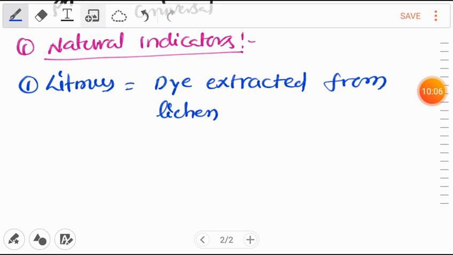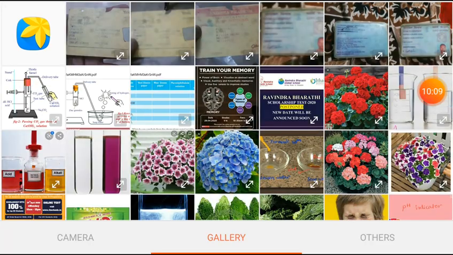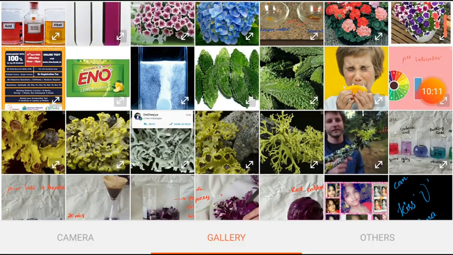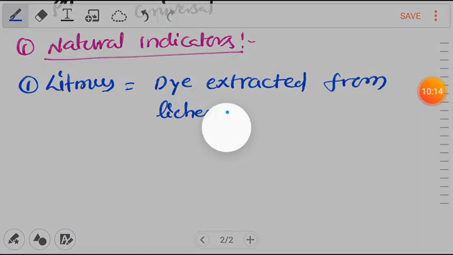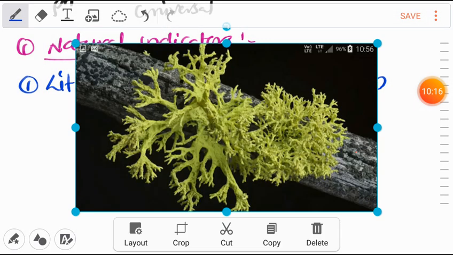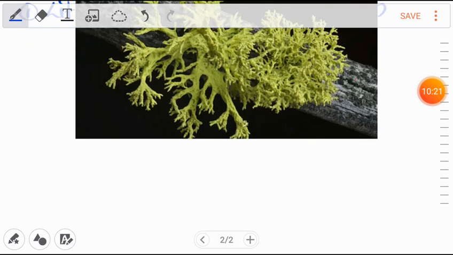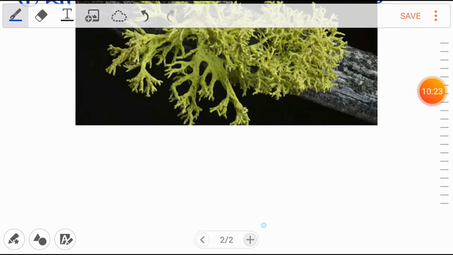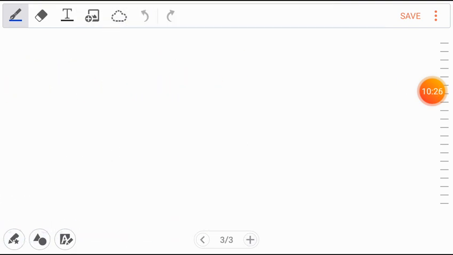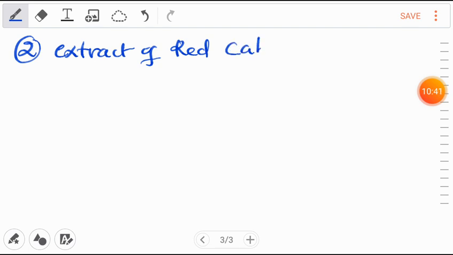I will show you the image of this lichen. Did you see, this is the lichen, Thallophyta family. Next I want to explain the second natural indicator, that is extract of red cabbage.